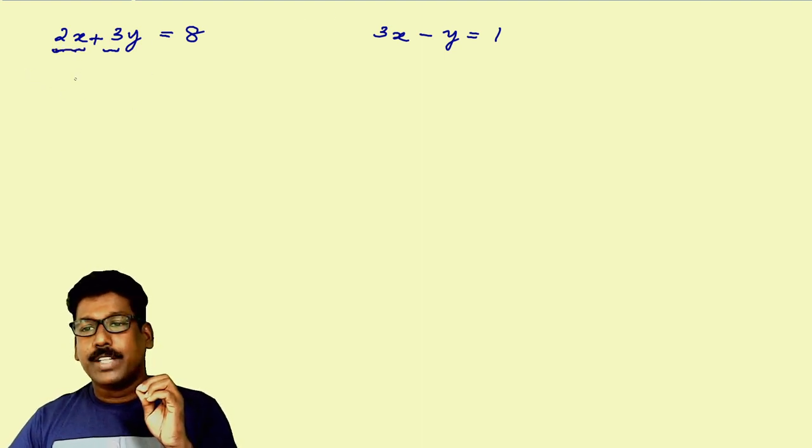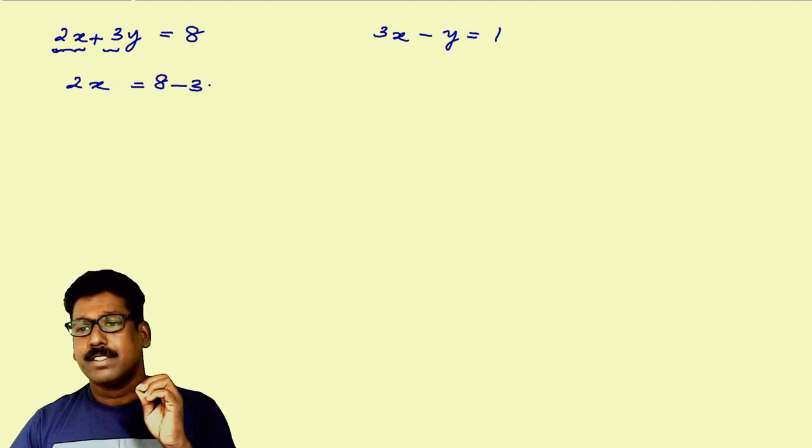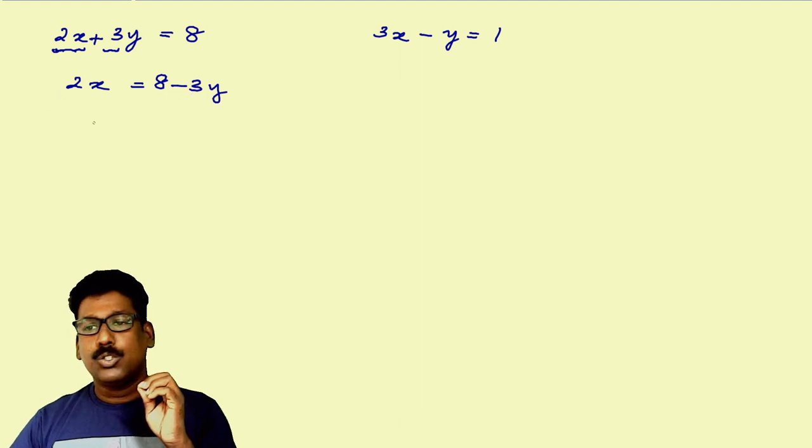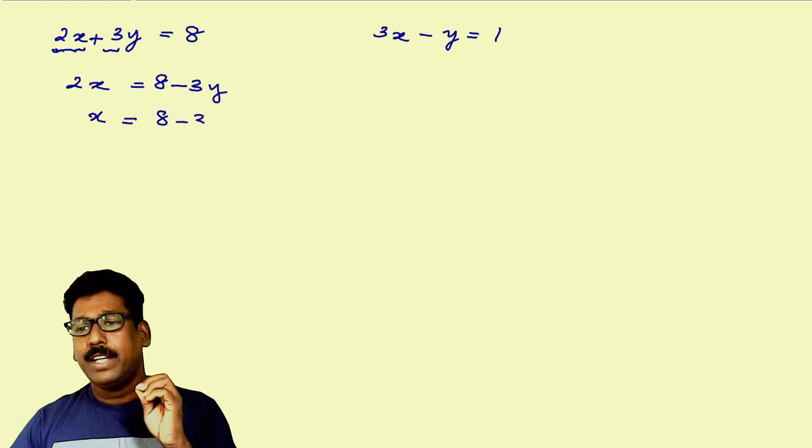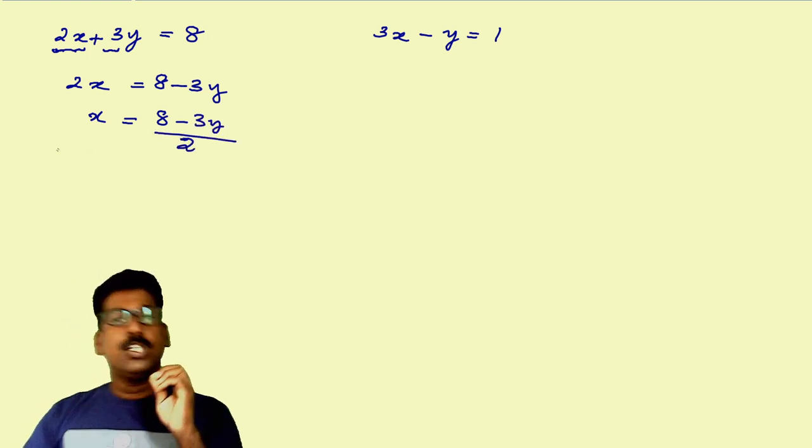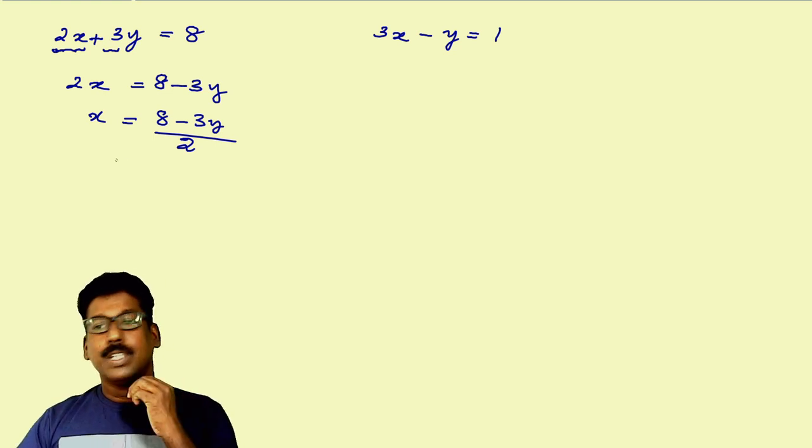Then 2x you can take to one side and transpose 3y to the other side. So it will be 8 minus 3y. Now to get the values of x, you have to divide 8 minus 3y by 2. While transposing 2, it will be divided by 2.